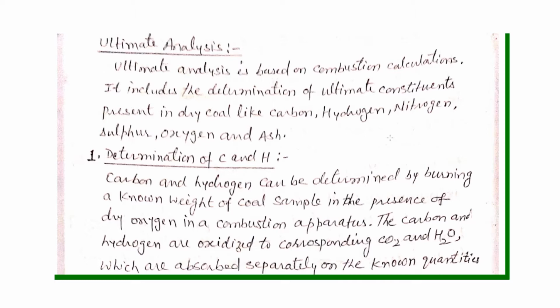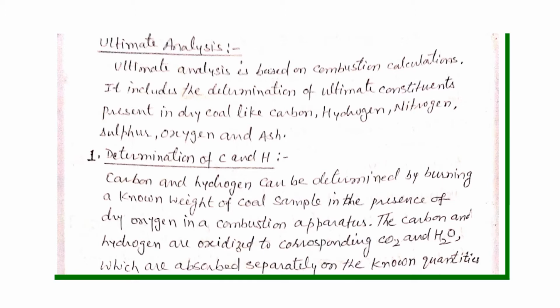First we have to do complete combustion of the taken coal sample, and then we have to analyze the percentage of carbon, hydrogen, nitrogen, sulfur, oxygen and ash content of the coal sample.